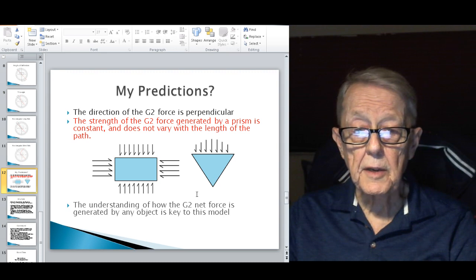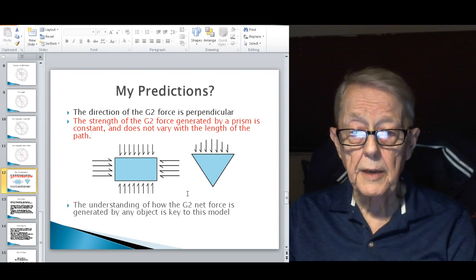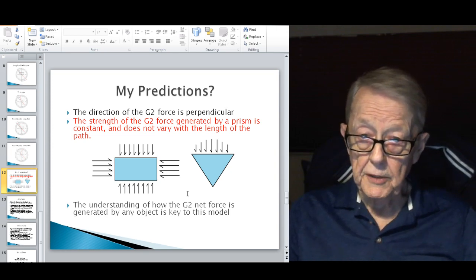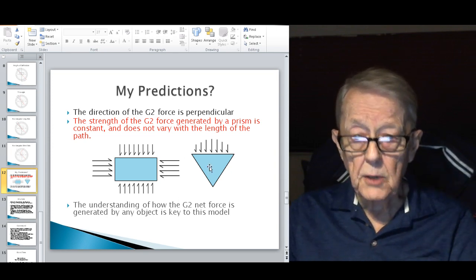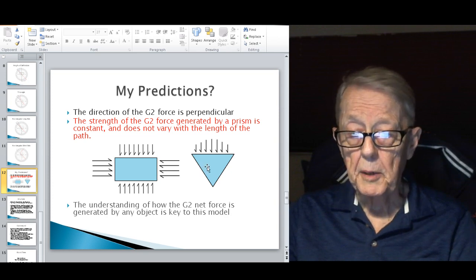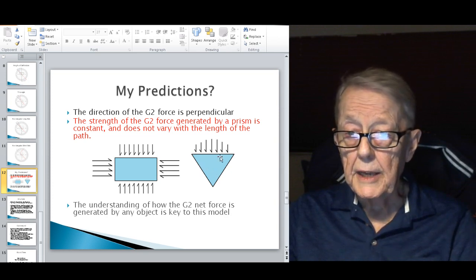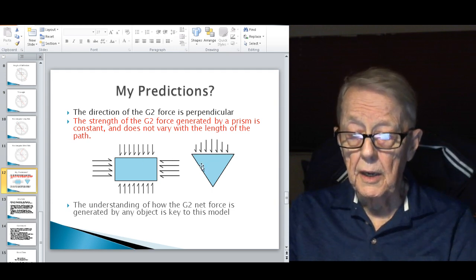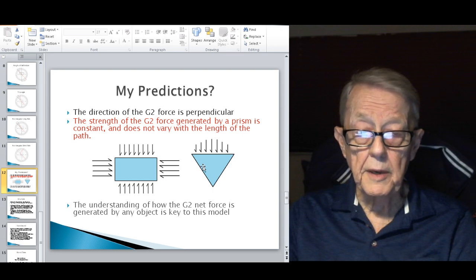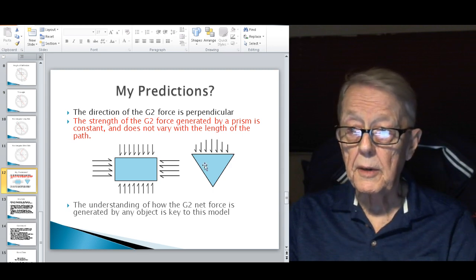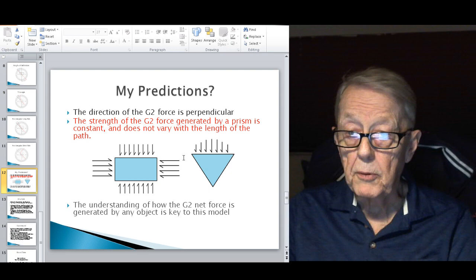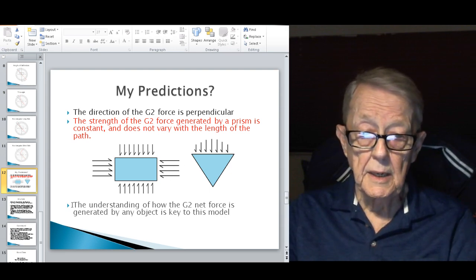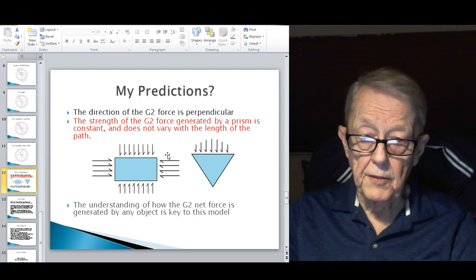Now, I have to say that with the particle model and the G2 gravity, this net force of gravity that's pushing the light, I still would expect something like this. But apparently the edge is dominating this function. If I had the equipment and the accuracy to do anything better, I would hope to maybe prove this ultimately. But what I did here in a very simple way indicates that all of these are the same.